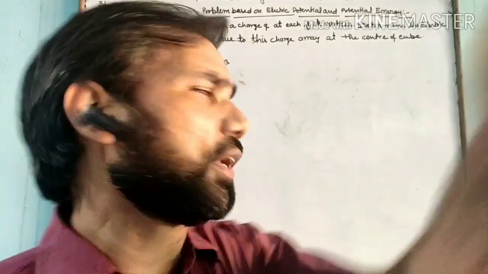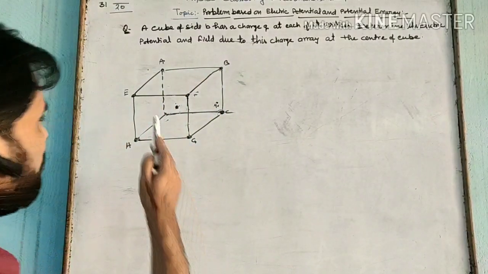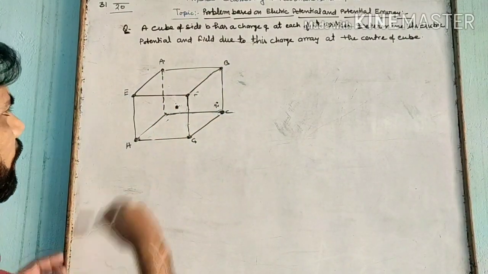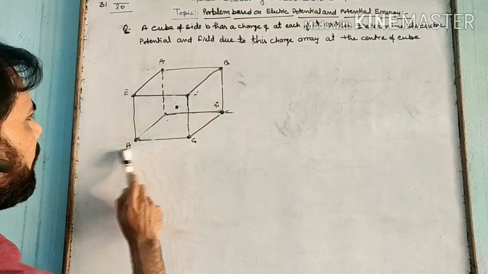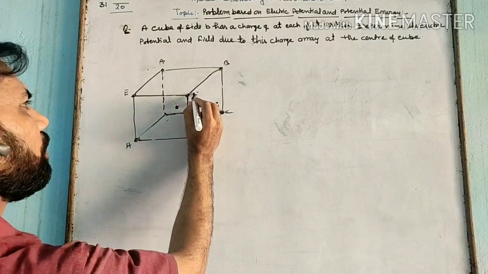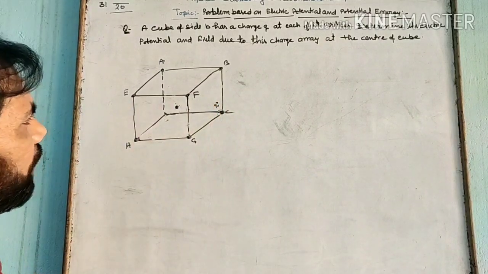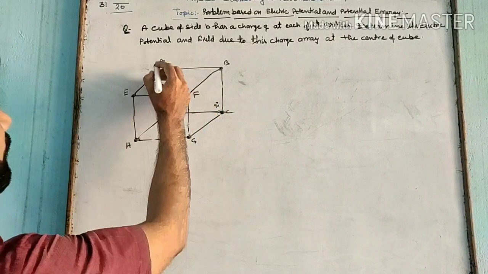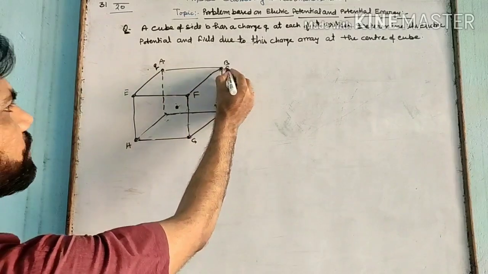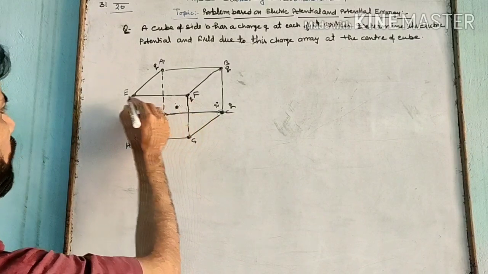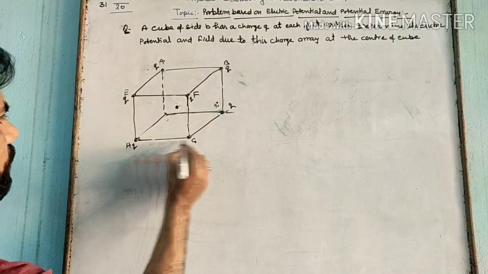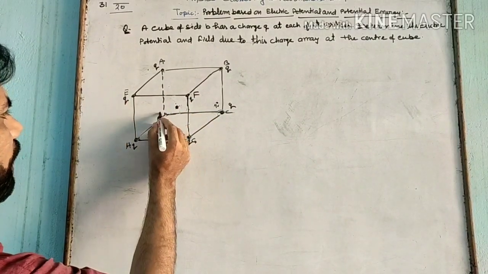Let us see here the figure. In this figure, A, B, C, D, E, F, G, H is a cube having 8 vertices, and charge q is placed on each vertex. Okay, q charge is placed, and we have to find this.